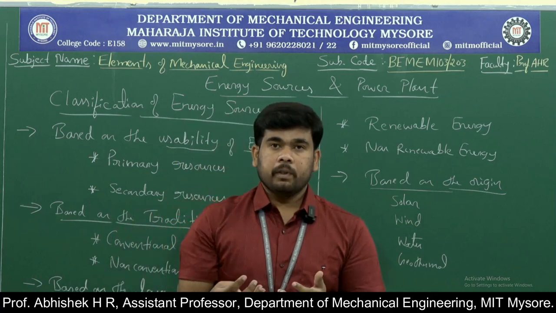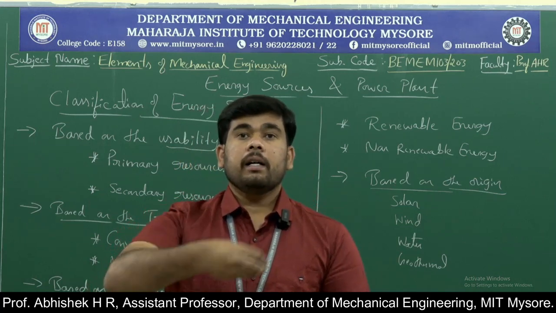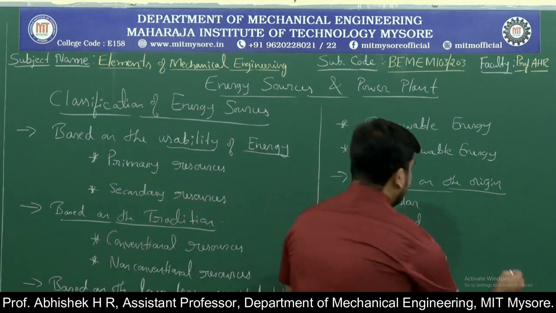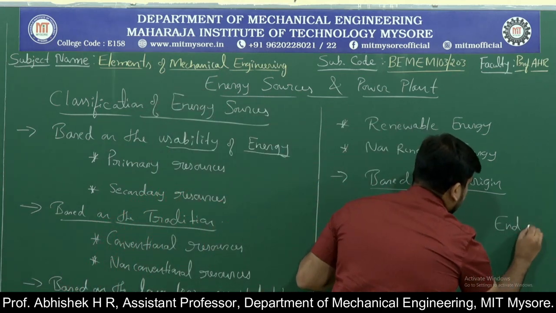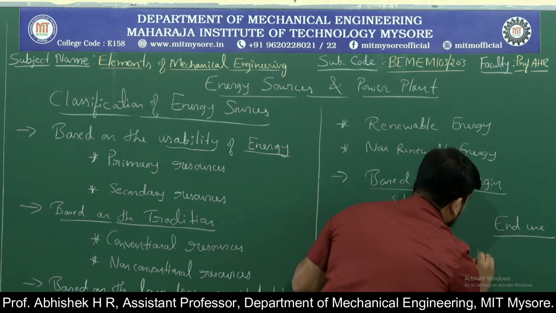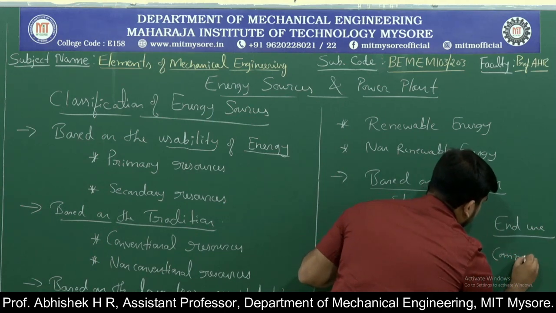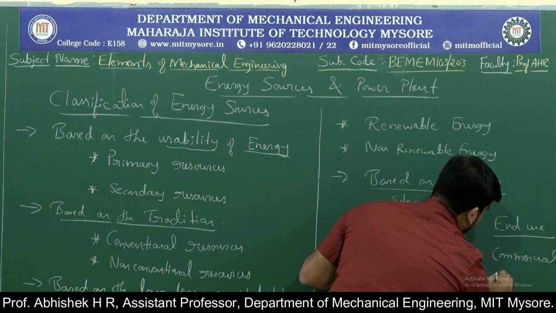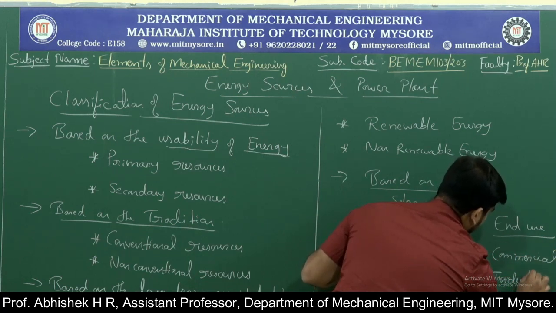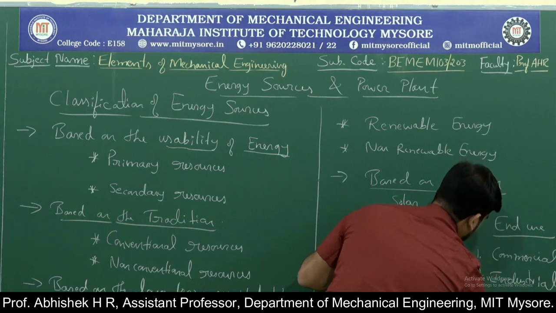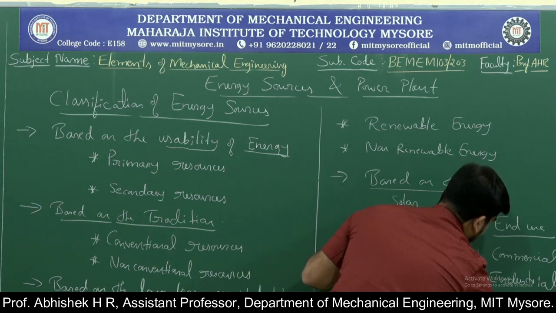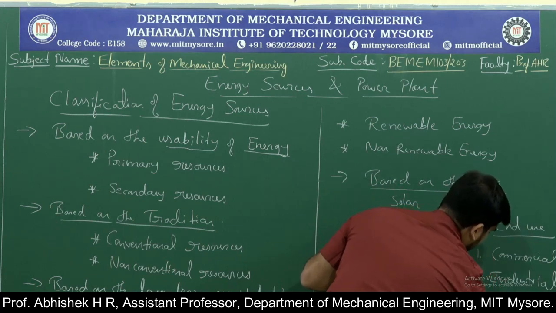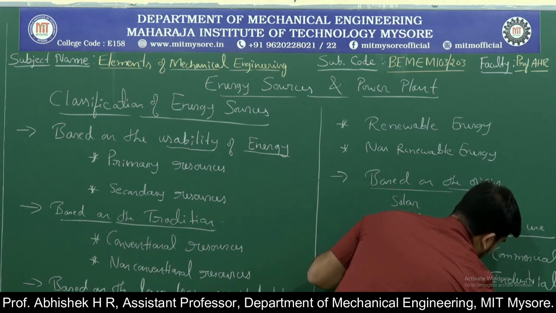These energy sources will be utilized in different sectors. The major 4 end use sectors, that is, first one commercial, second one industrial, third one residential, and fourth one transportation.